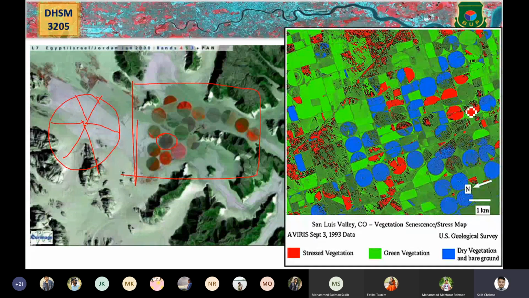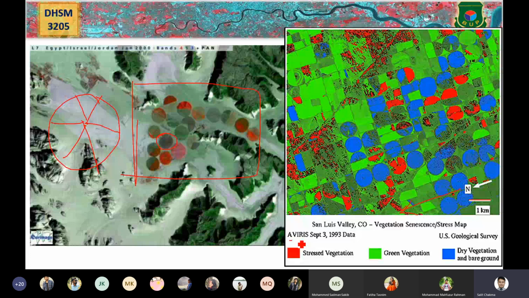This illustration is a map, which was derived from one or multiple satellite images. In this map, we have a north arrow, so this side is the north. And the scale: this is 1 kilometer, then 2 kilometers, 3 kilometers, and so on.